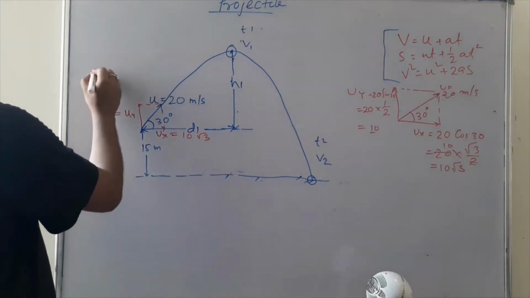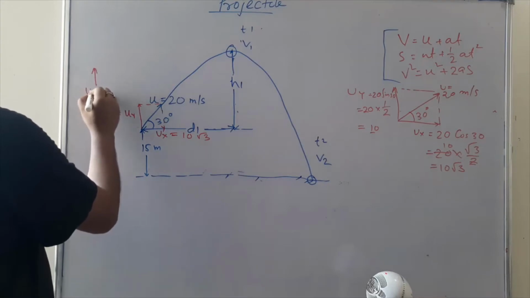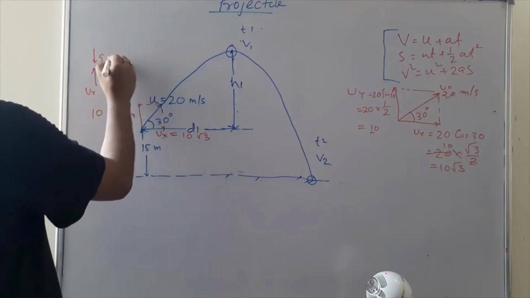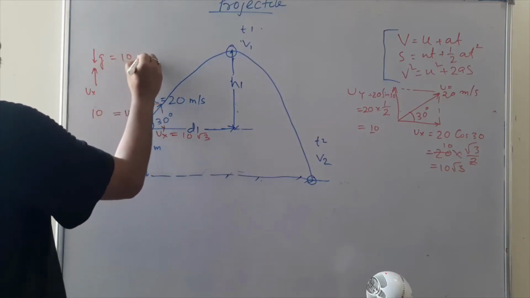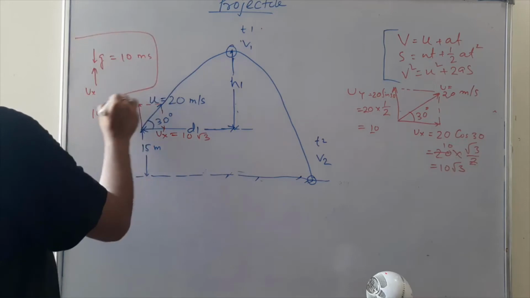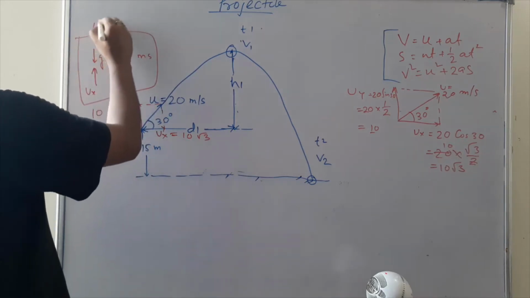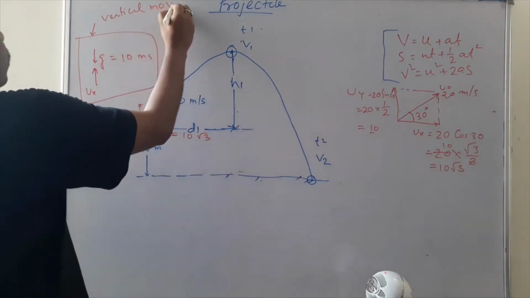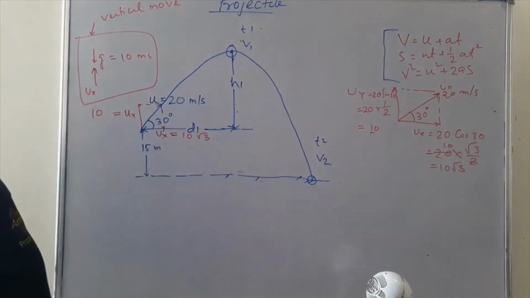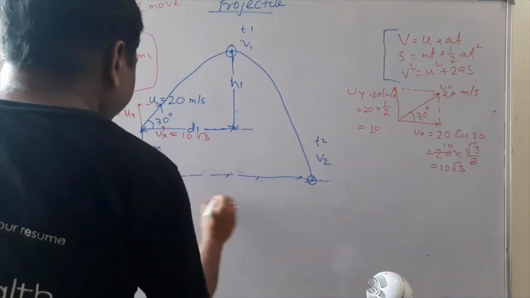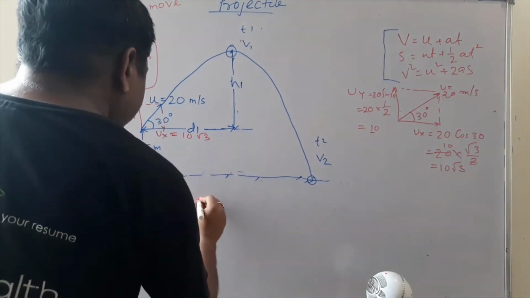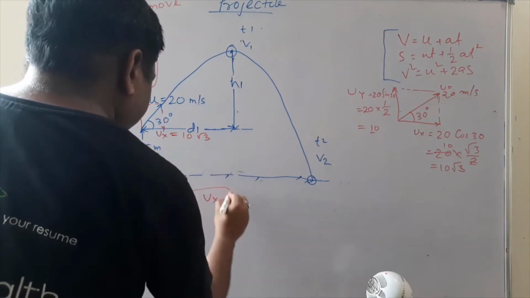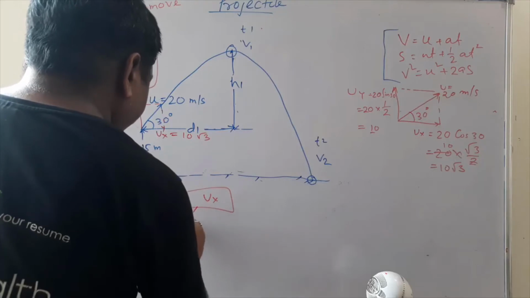One is uy, that is the upward direction, and another is g, which is the downward direction. So you need to consider these for any vertical movement. And for horizontal movement you need to consider only ux.